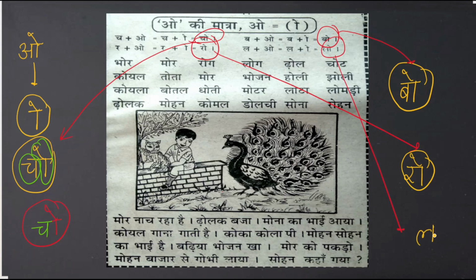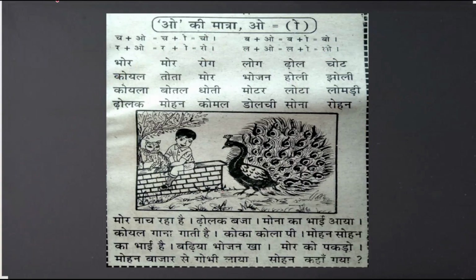This is letter la, and after applying the matra of O, now it will be pronounced like lo. This is bha, and this is again the matra of O. Now it will be pronounced like bho, and just add this letter to this one. So now it will be pronounced like bhor, which means dawn.